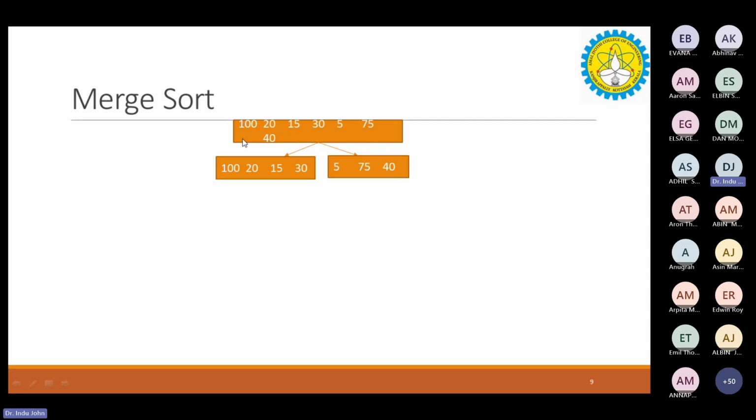If the number of elements in the array is even, then you will get 2 arrays of the same size. Because in this given example there are an odd number of elements, you have one array of size 4 and another array of size 3. And then this will be done recursively.